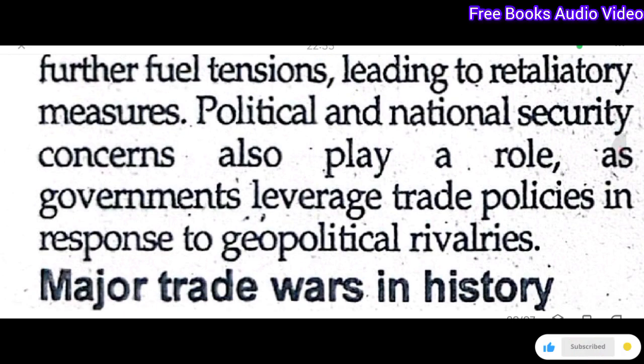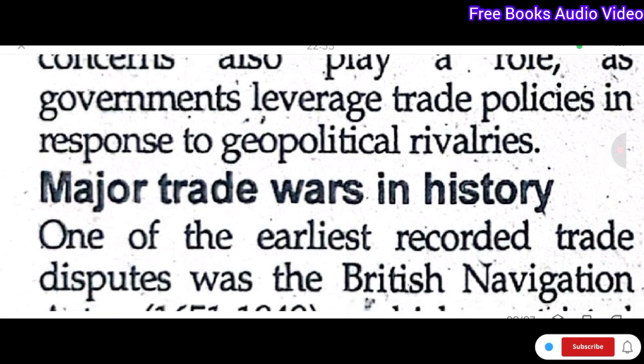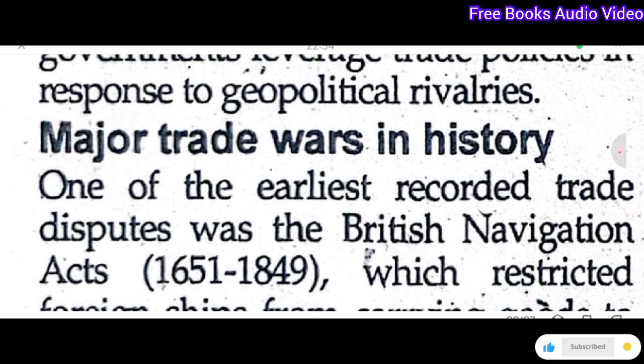Political and national security concerns also play a role as governments leverage trade policies in response to geopolitical rivalries.